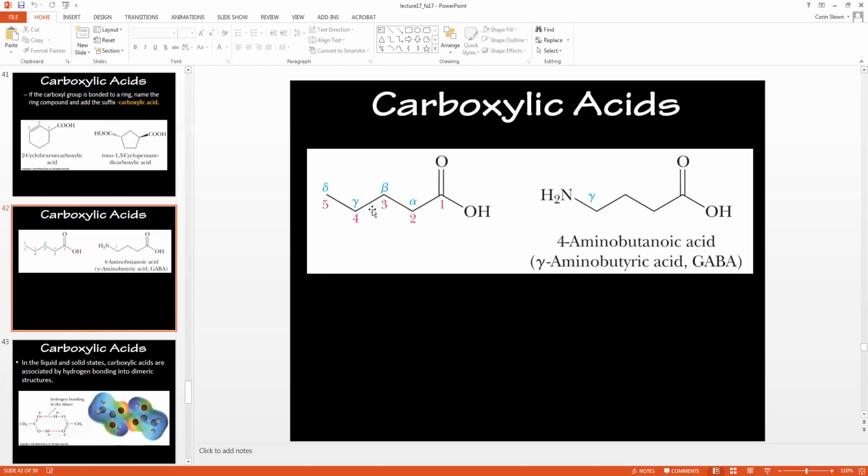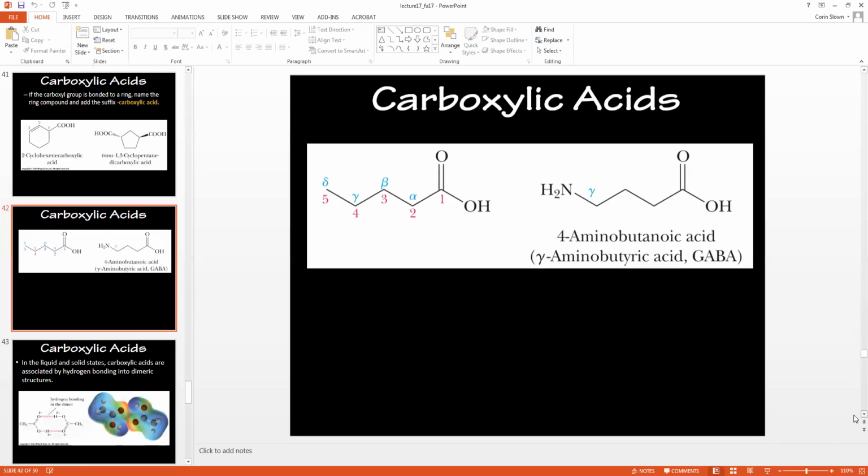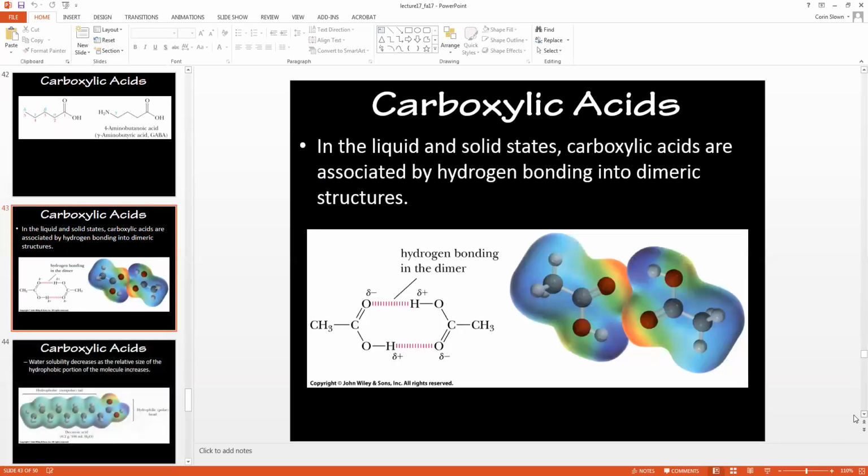So this is the 2, 3, 4, and 5 carbons. So for example, 4-aminobutanoic acid is gamma-aminobutyric acid, or GABA, which is a very common chemical that we'll see in living organisms. And we'll talk about why being able to know the alpha, beta, gamma, delta designation is important in just a moment. So let's think about carboxylic acid.